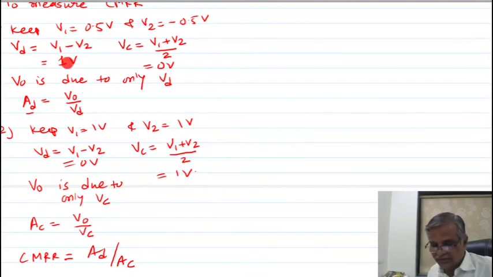So common mode gain is output upon common mode signal. You calculate AD, you calculate AC, and you can find CMRR equal to AD by AC.